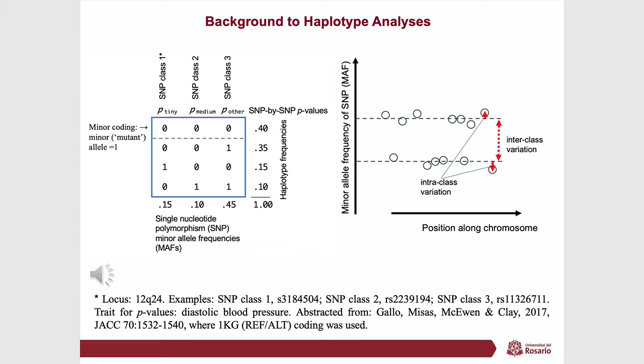That is the simplest limiting scenario. In reality, there is some variation, as you can see in the plot on the right side. And there you can see that the intra-class variation in minor allele frequencies is much less than the inter-class variation. So that is the idea.